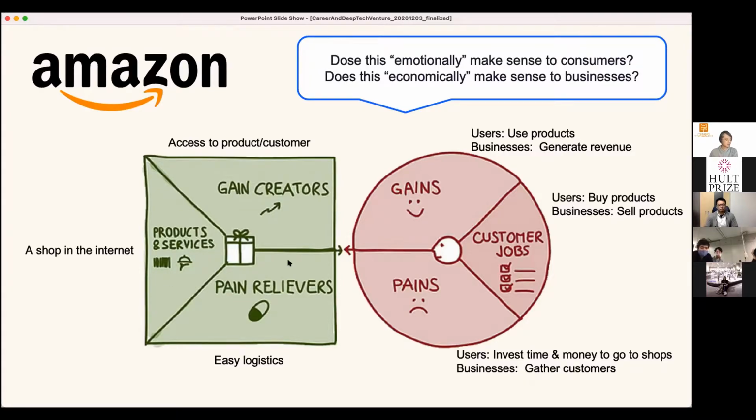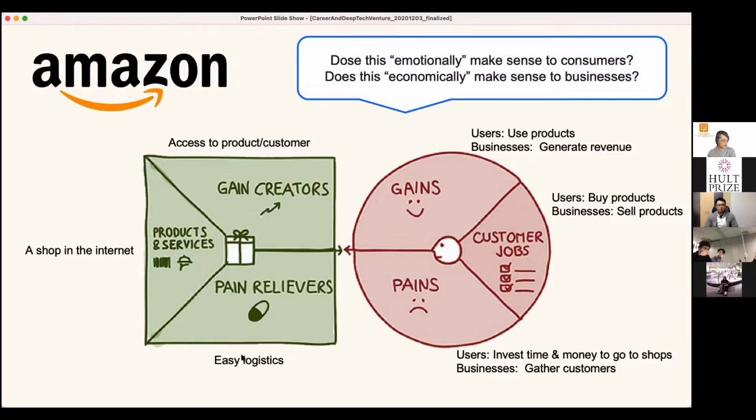And Amazon, the solution provider, provides a shop on the internet, the biggest retail shop on the internet, which can create access to products for the users and access to consumers for the businesses. So what they're doing can increase the gains and decrease the pains for both sides.